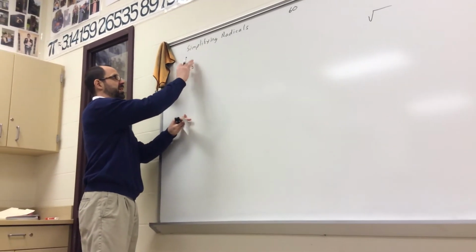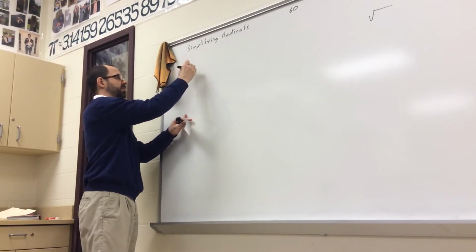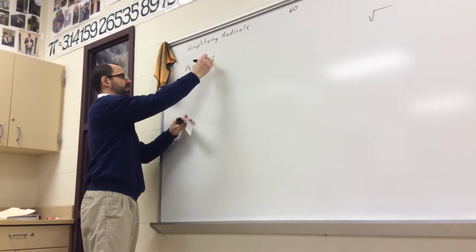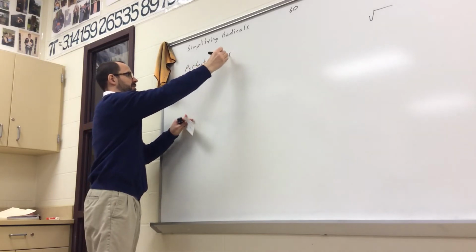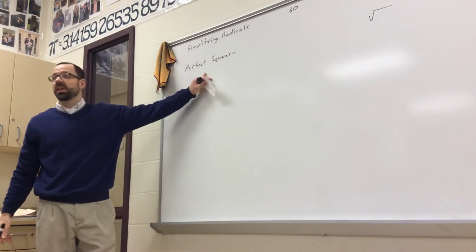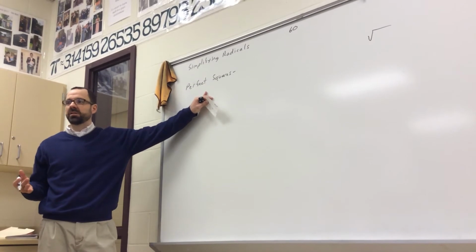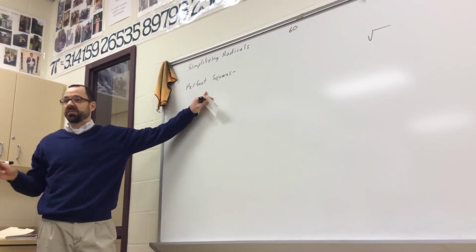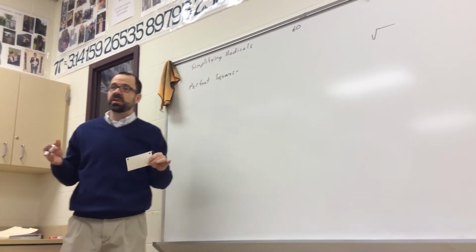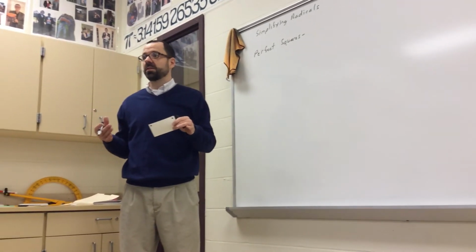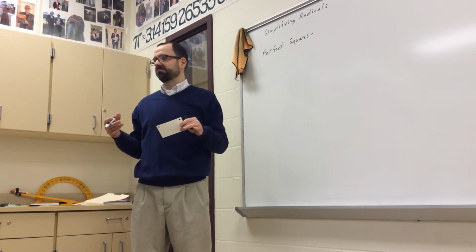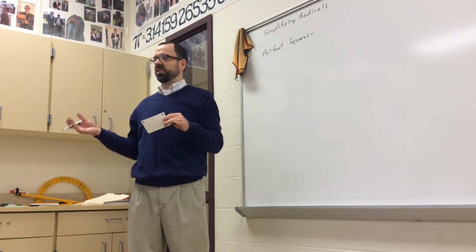So first we're going to write down the perfect squares. And a perfect square, you don't have to write down this definition. A perfect square is a number that when you take the square root of it, it comes out nice, meaning it doesn't have any decimals or anything.